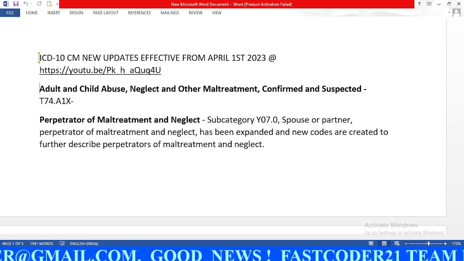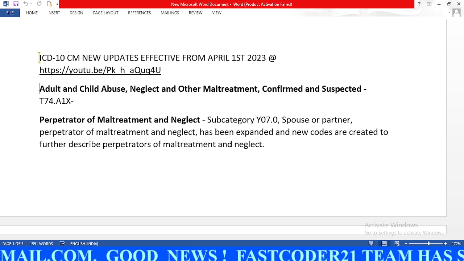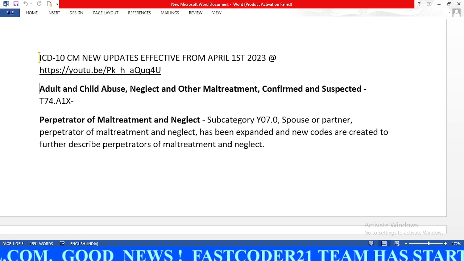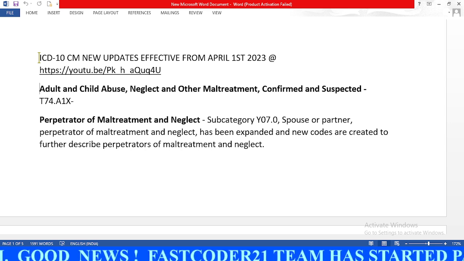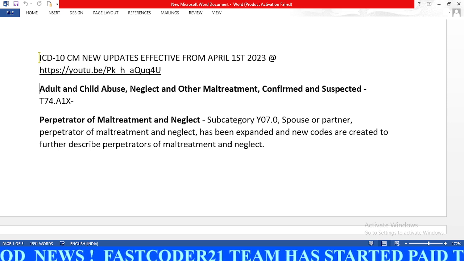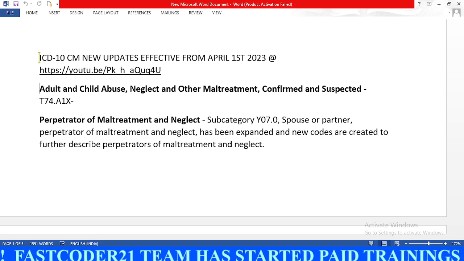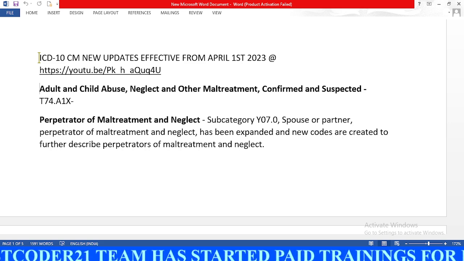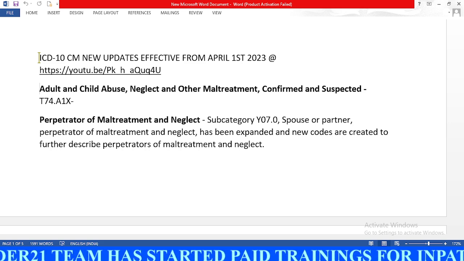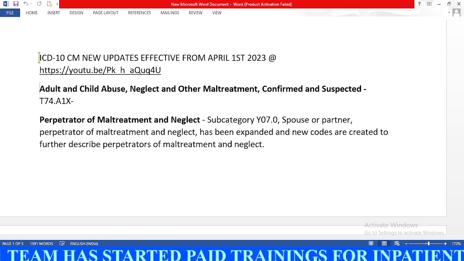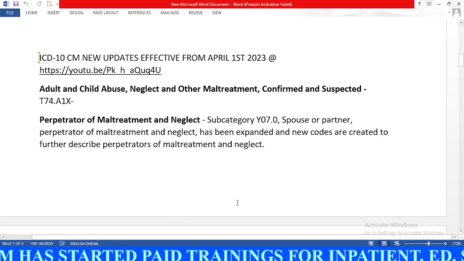Basically, category T74, adult and child abuse and other maltreatment confirmed, has been expanded with new codes to identify confirmed and suspected adult and child financial abuse, along with the seventh character extension for initial encounter, subsequent encounter, and sequela, as follows.